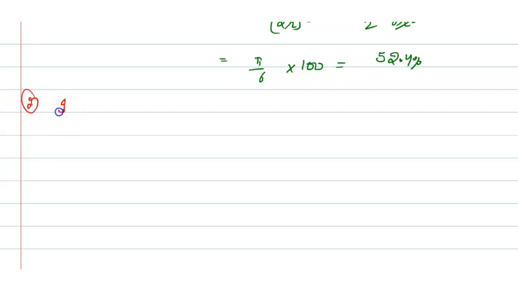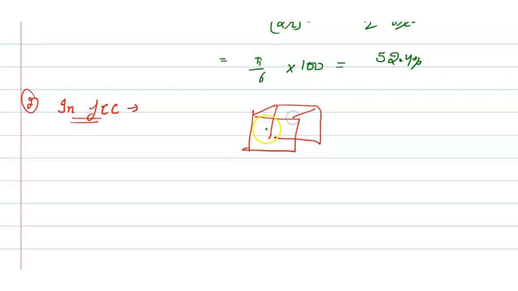Second is the percentage of packing fraction in the face centered cubic unit cell. So in this you can see that atoms are present at the corners as well as at the face centers.